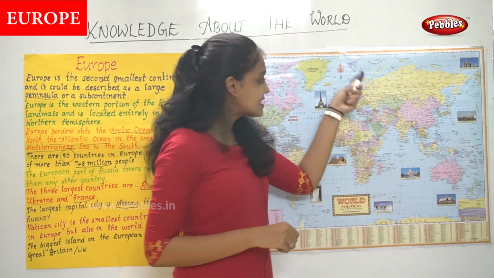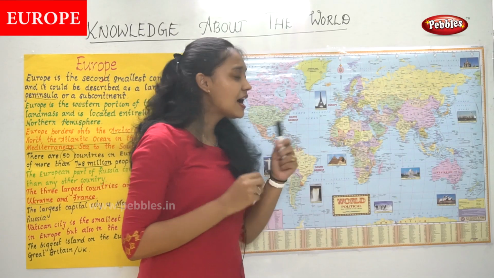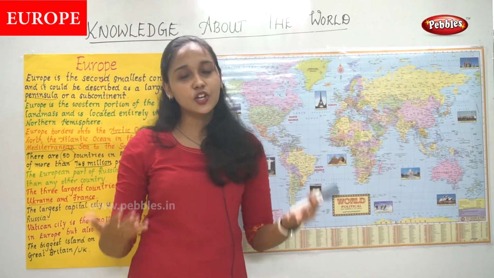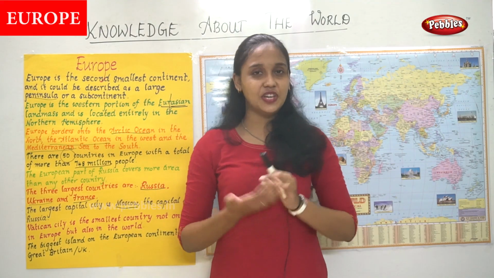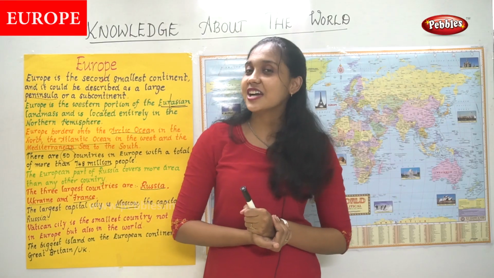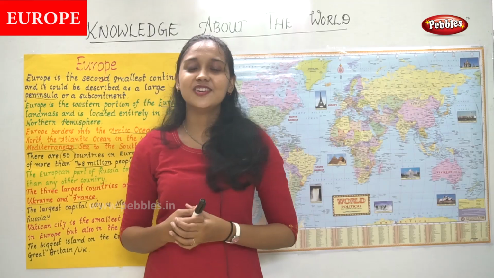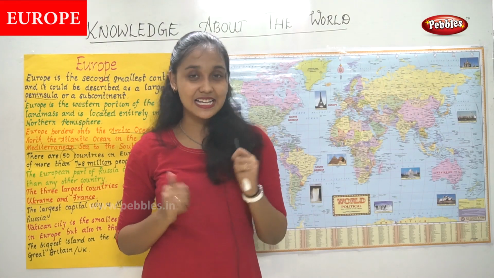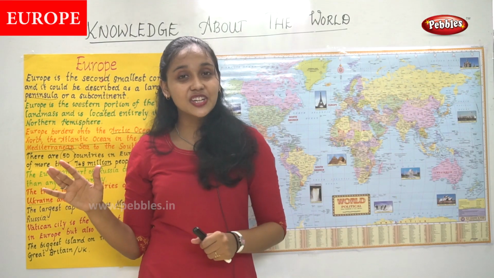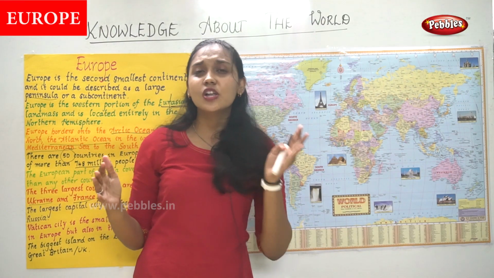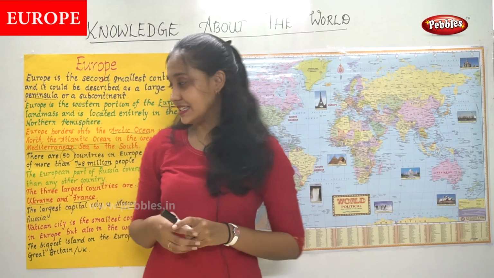So where is the Vatican City located here? Try and find out. Here I'll probably show you, but you might not be able to see. So Vatican City is the smallest country in the world. Which is the largest country? Yes, it is Russia, and part of this country lies in this continent as well. So it's very interesting to remember that the largest country, Russia, and the smallest country, the Vatican City, are within this continent.